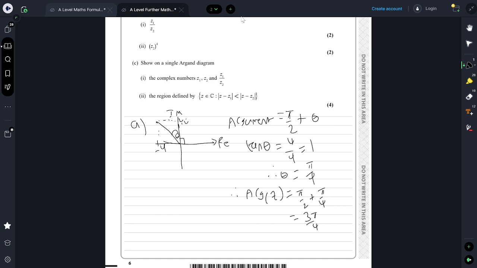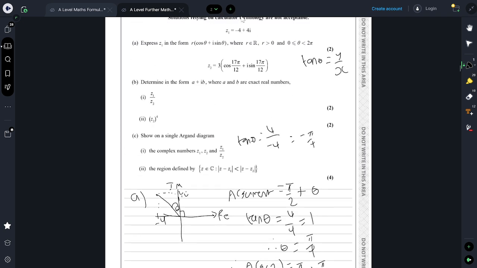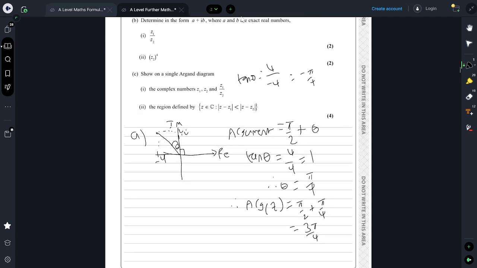Alternatively, I guess this is -4, right? So it would be tan theta equals 4 over -4. If you decide not to sketch it, you'd get minus pi over 4. That obviously doesn't make sense because minus pi over 4 would be here.